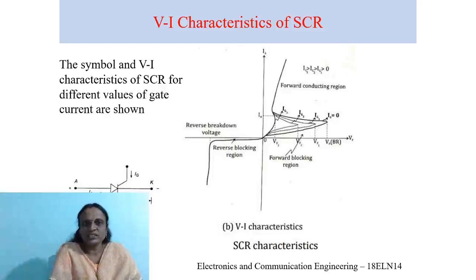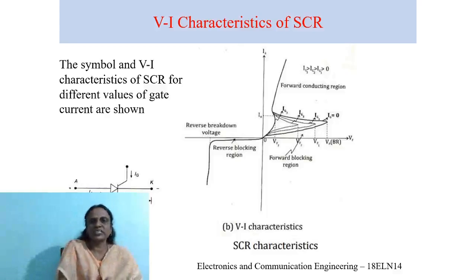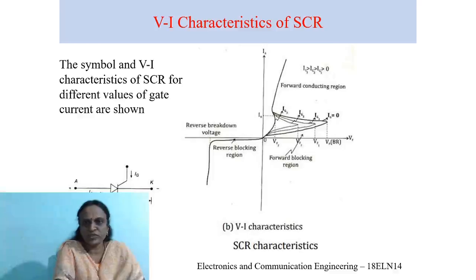We have already seen the two terminologies IL and IH, latching and holding currents, and how, when the gate current is very close to the anode current, the conduction is minimum and fast. So the same explanation holds good for the VI characteristics. You can scroll back and refer to it.